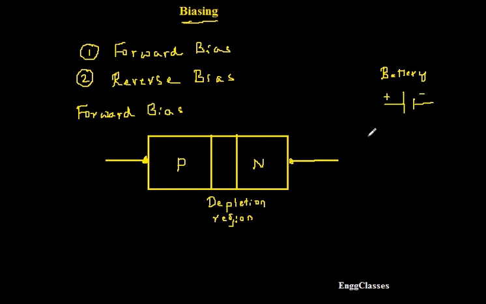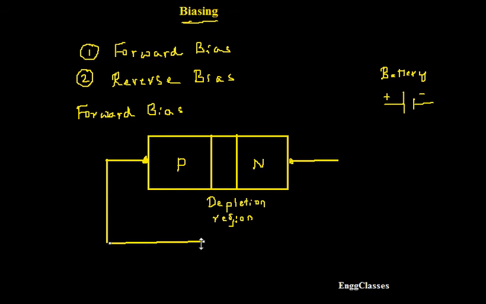If I want to connect a battery to this diode, which side of the battery should be connected where, that I should understand. If I want to make it forward bias, I should connect the positive terminal of the battery to the p-type semiconductor.